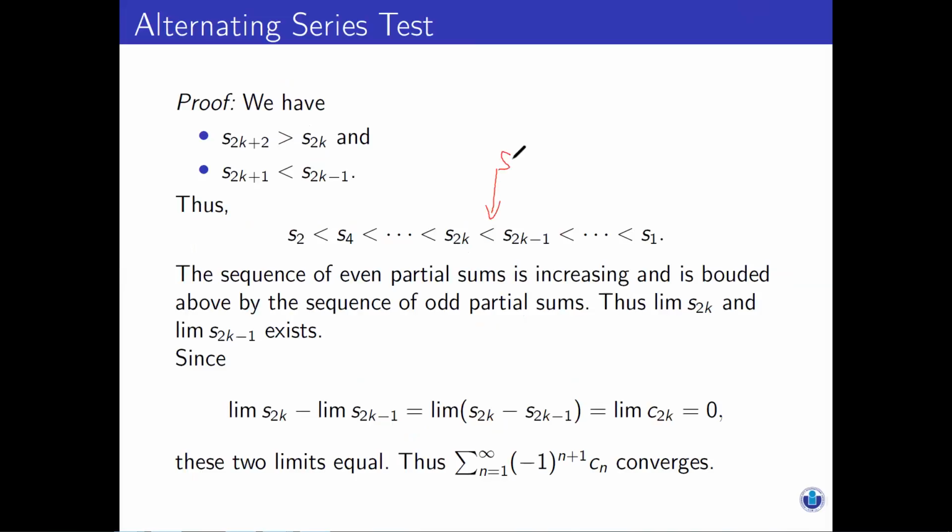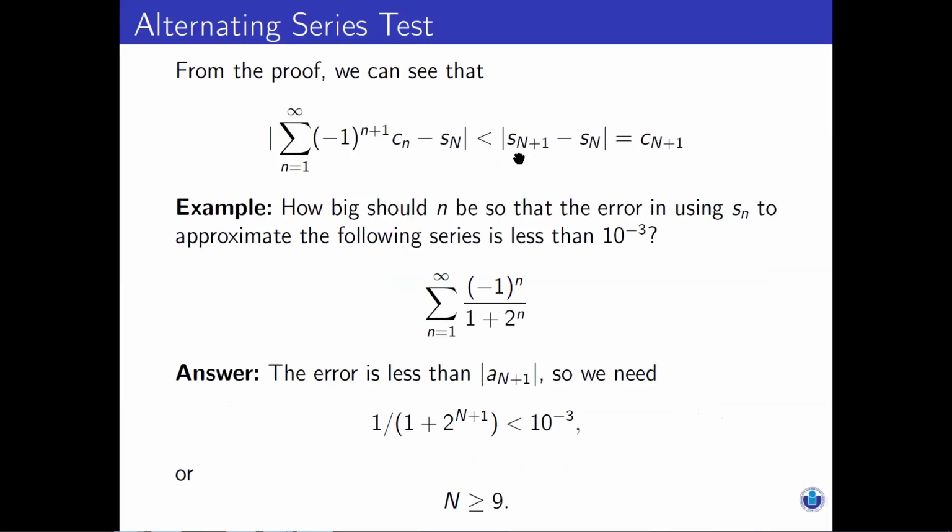The limit of the whole thing, the value of the series, has to be in the middle. So the distance from S to each of these is less than the next term. So let me not go over that. And this is exactly C(n+1).